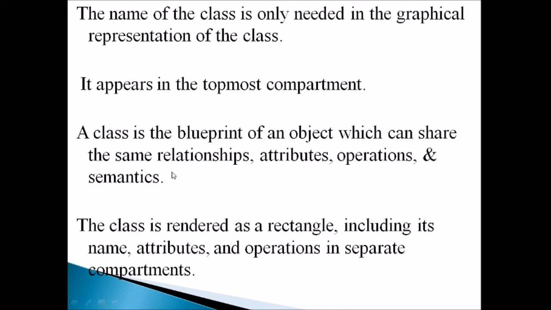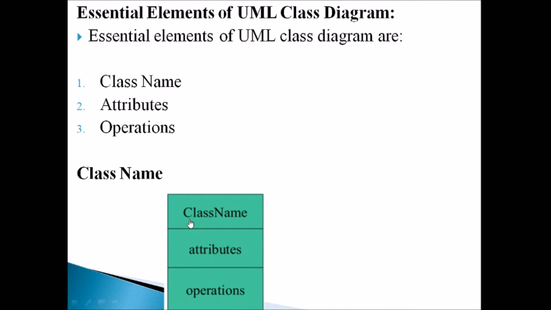Already we have seen this point in many object-oriented programming languages, that is, a class is the blueprint of an object. The class is rendered as a rectangle including its name, attributes and operations in separate compartments. As we see in this diagram, the class includes the name of the class, attributes, operations. All these three are placed in separate compartments.